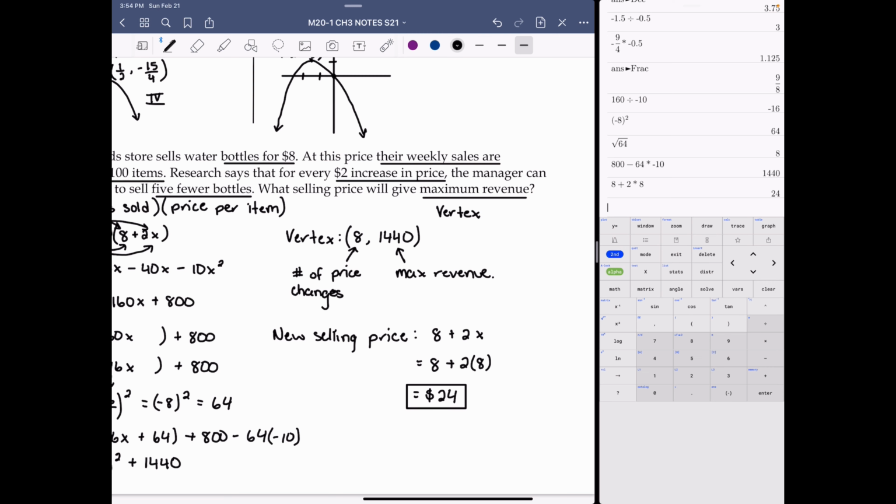So a little note for revenue problems. The x value of the vertex is always the number of price changes and the y value is the max revenue.